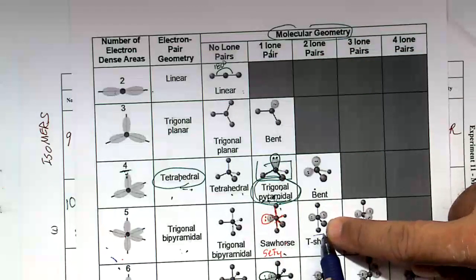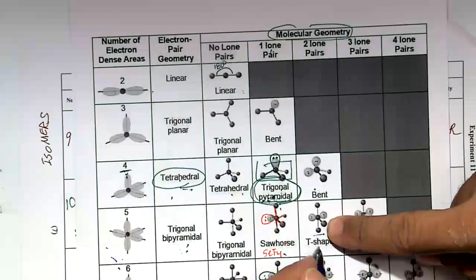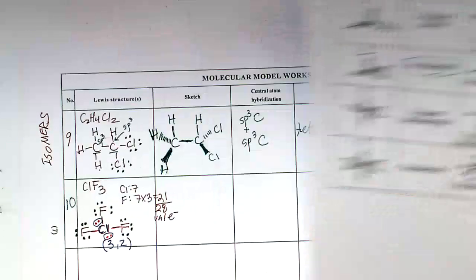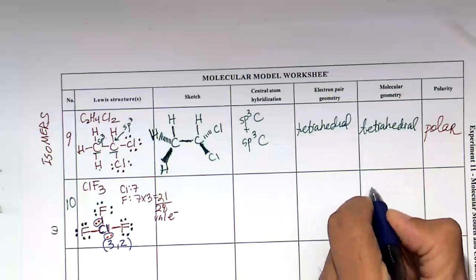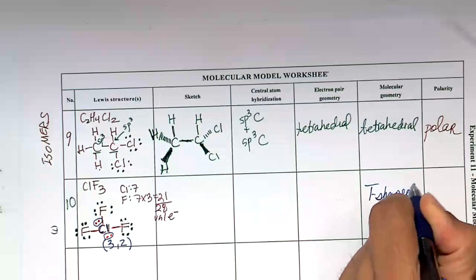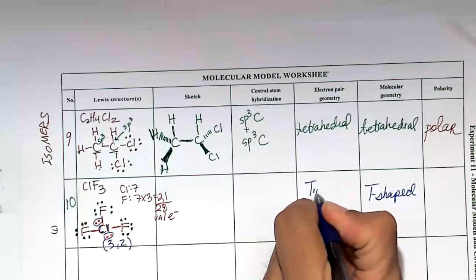This is T-shaped. It was trigonal bipyramidal, but because out of those 5, 3 are bound and 2 have become lone pairs, the shape becomes distorted into a T-shape. So that's the molecular geometry. It's called T-shaped. The electron pair geometry is trigonal bipyramidal.